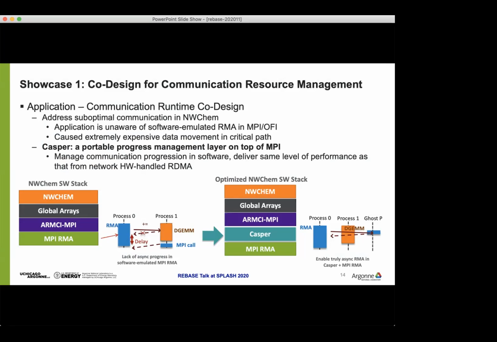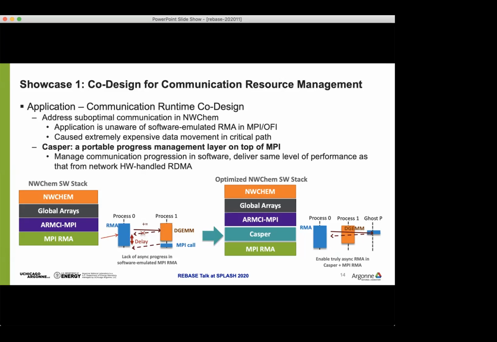Through this system, we can compare those two different software stacks. We add a Casper layer, which manages the communication resource for MPI. So it can, for example, use additional CPU resource to handle the incoming communication. Thus, the computing process doesn't need to process the incoming message, so we don't have the delay caused in the incoming RMA communication.